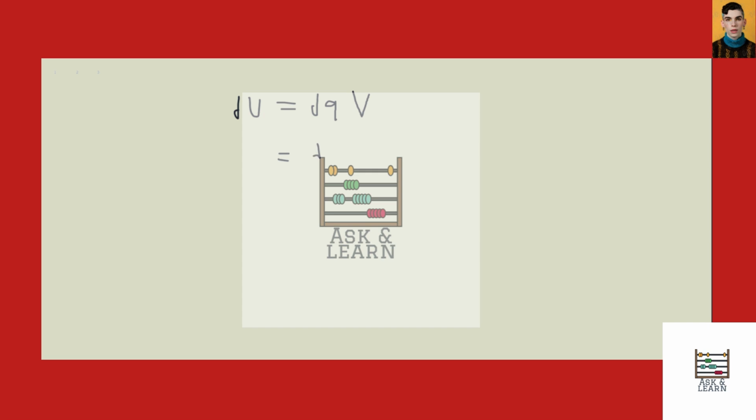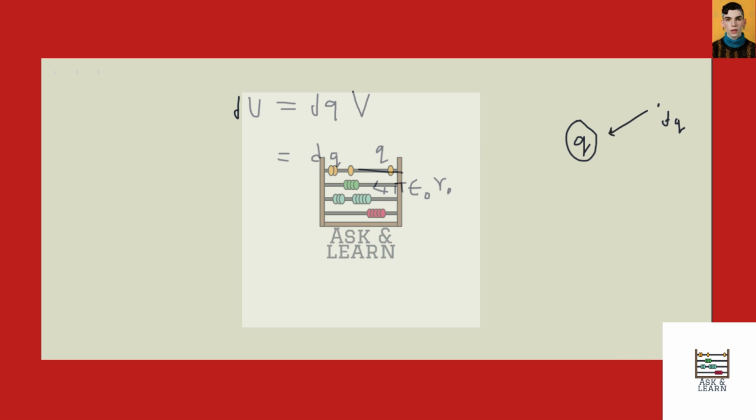Now, du is dq times V. V here will be q divided by 4 pi epsilon naught r naught. Now, what I am assuming here is that the sphere here has a charge of q, and we are bringing the small charge dq from infinity to this sphere.